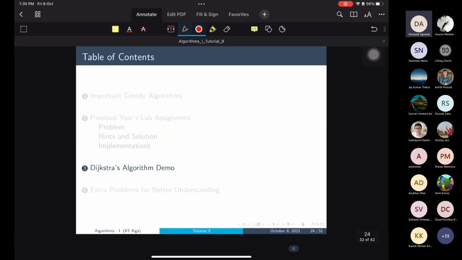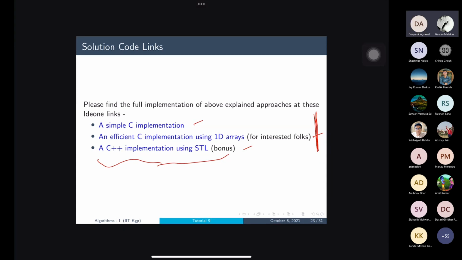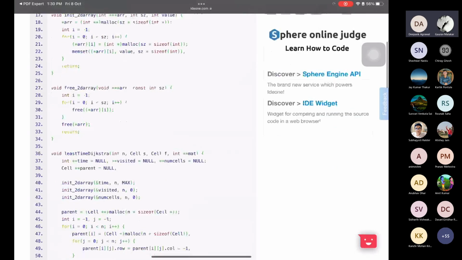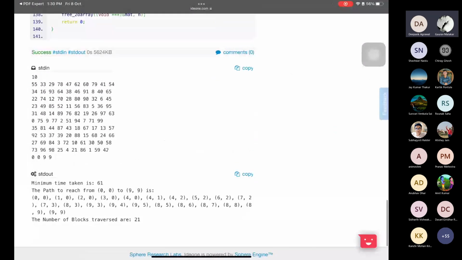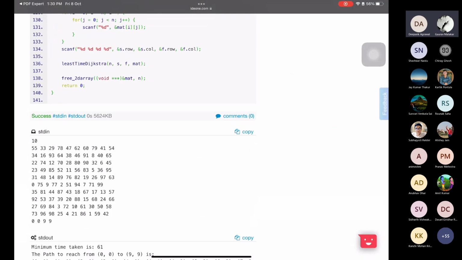Now let's move to a small demo of a few test cases. Can you give us a few test cases for us to verify after completing this? Yeah, sure. The implementation has test cases at the end.